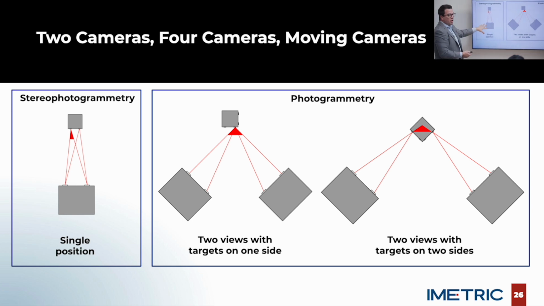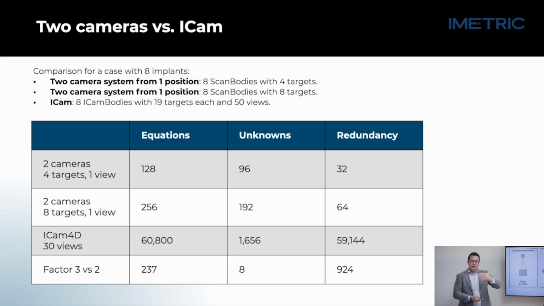With what we call stereo photogrammetry, so PIC, micron mapper, they have 2 cameras only, and it's scanning a flat surface. So what that basically means is you're really limited in the amount of data that you can collect. So if you look at the ICam, we're taking about 61,000 views or reference points when you're imaging in the mouth. With the other technologies, you're taking far fewer.